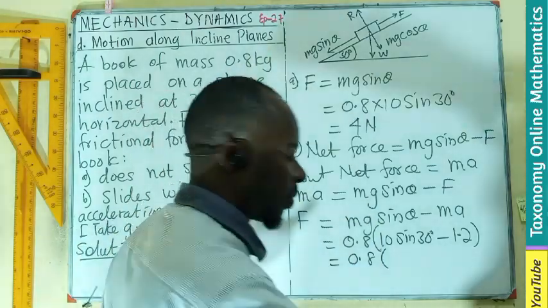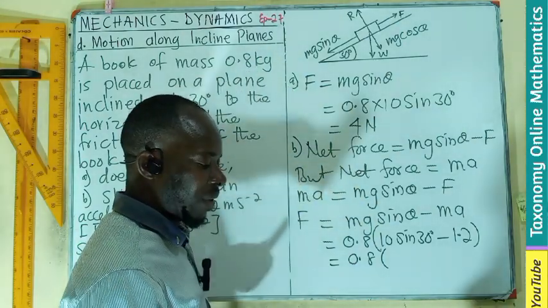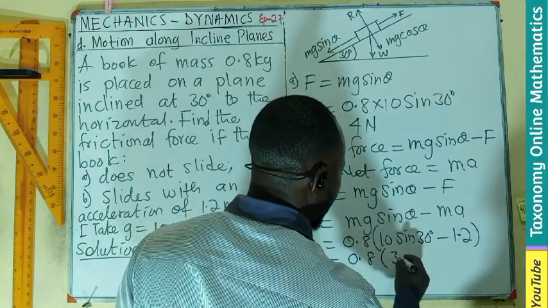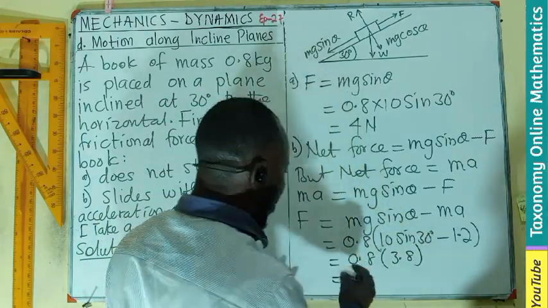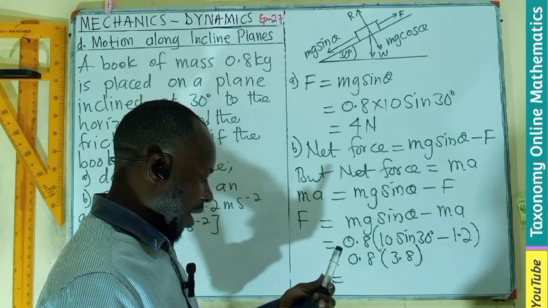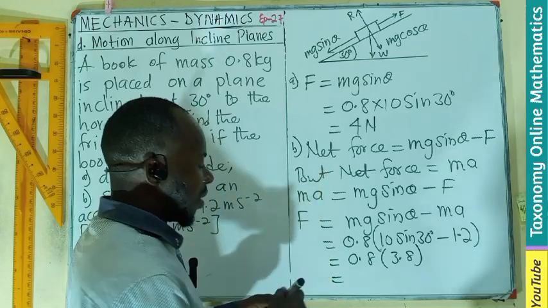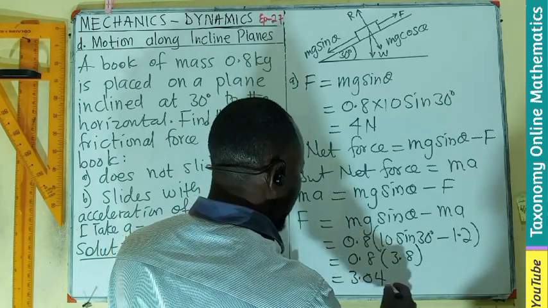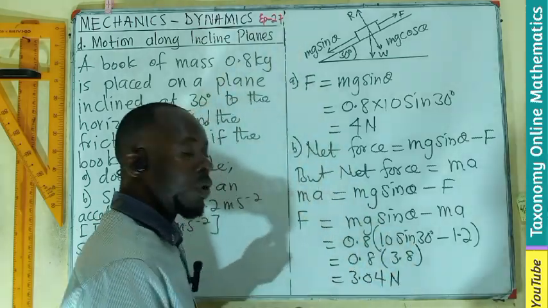Then multiply by 0.8. Let me confirm the value in the bracket is 3.8. So that is actually 3.8. Now let's multiply 3.8 by 0.8, and the value will be 3.04. It's a force, so Newton.